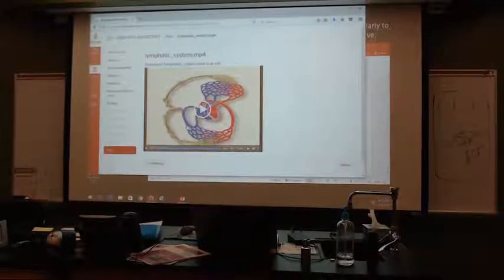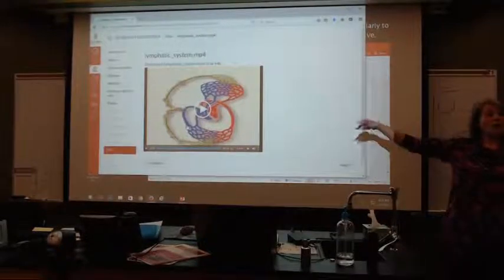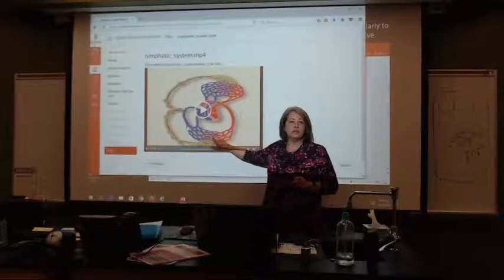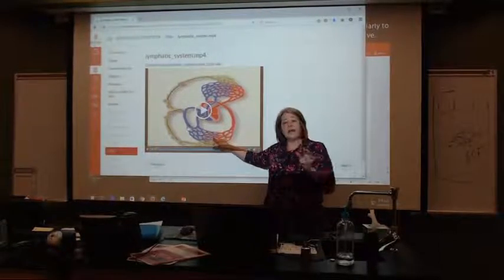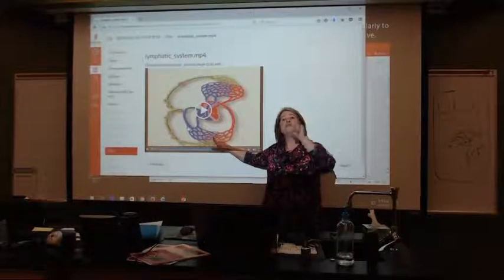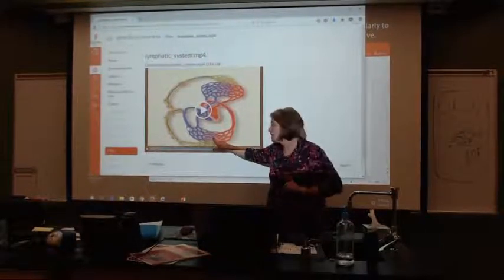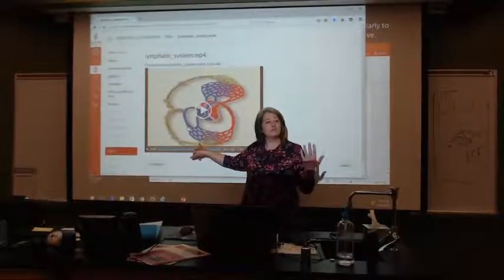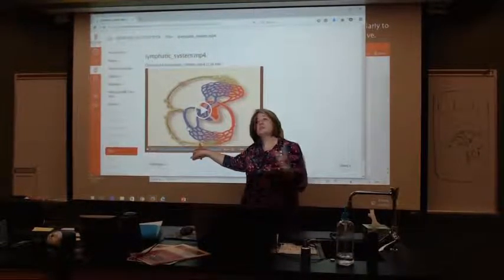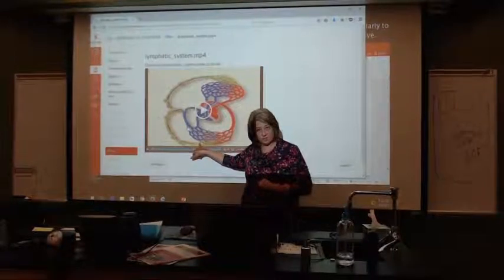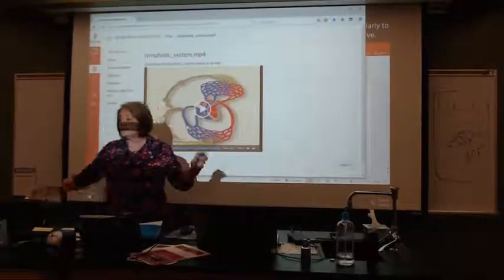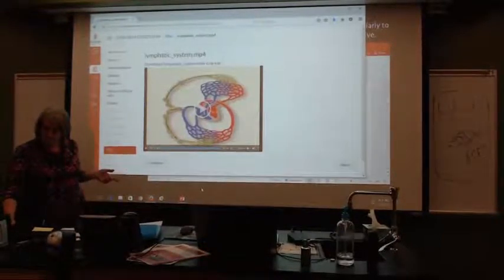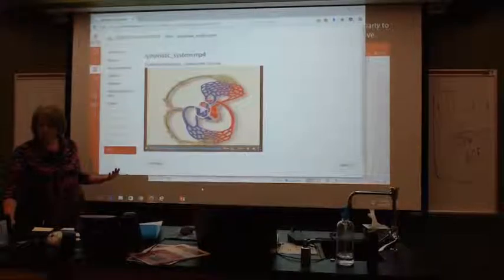Now, on its way from this area of the capillary bed where we have our lymphatic capillaries, they will begin to meet larger vessels, our lymphatic vessels. And then along their route are the lymph nodes.